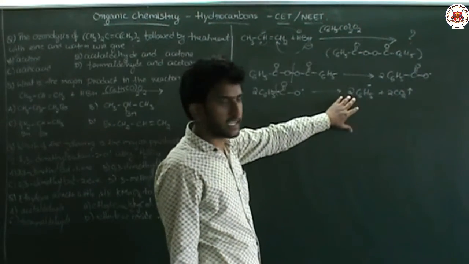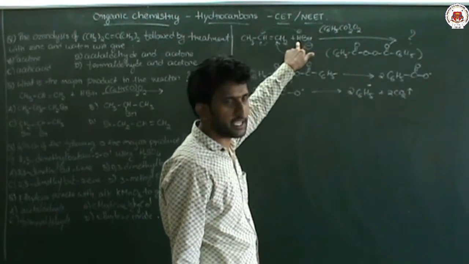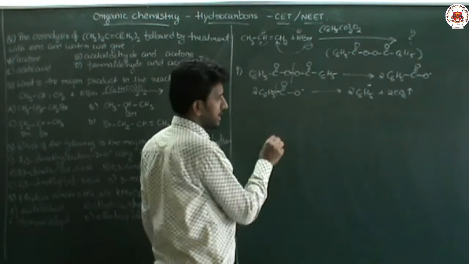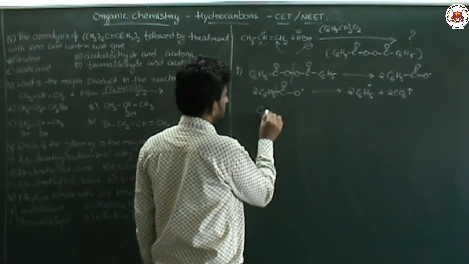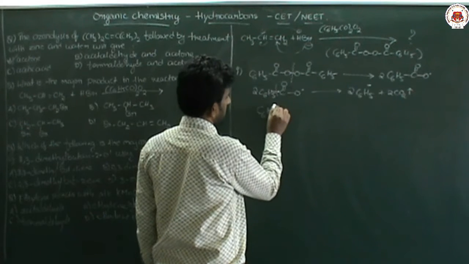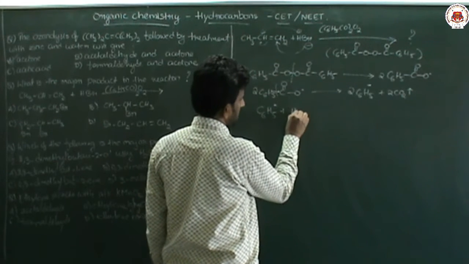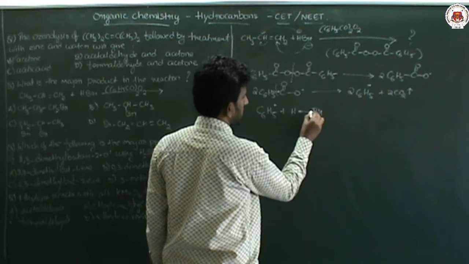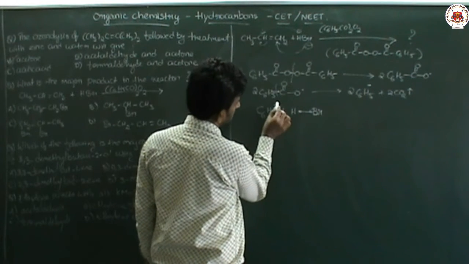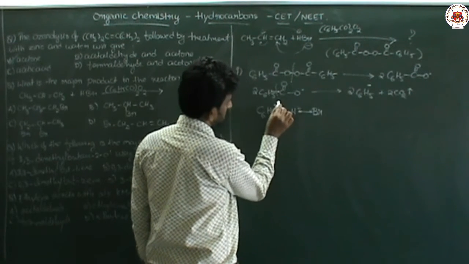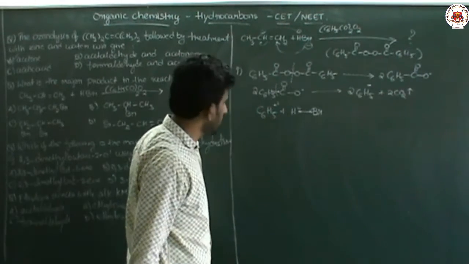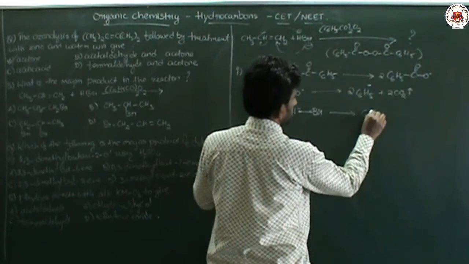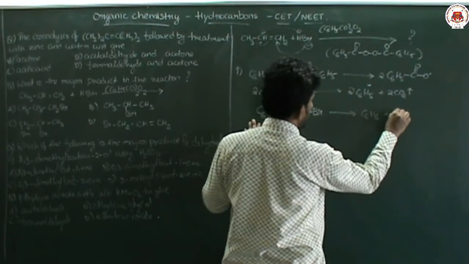This phenyl free radical reacts with the reagent HBr. I take one mole right now. C6H5 radical reacting with HBr: if a radical reacts with any normal molecule, then this electron is taken by this one, and it generates Br radical. That is C6H6 plus Br radical.